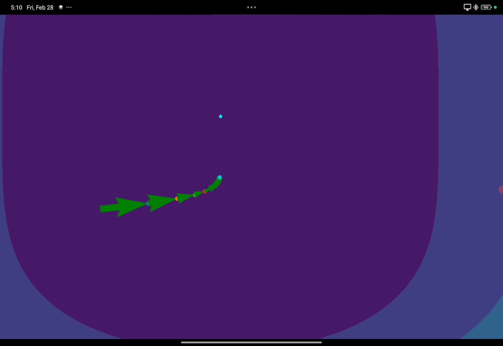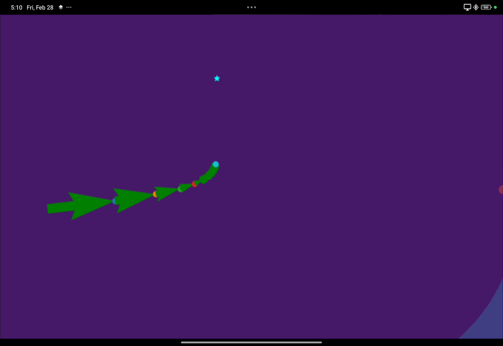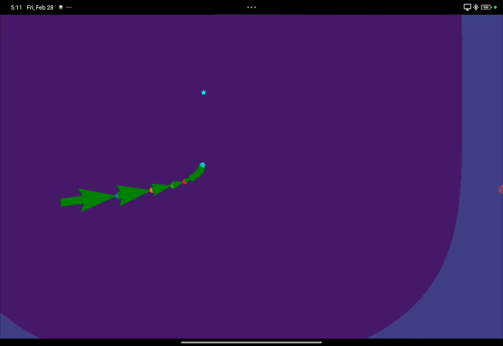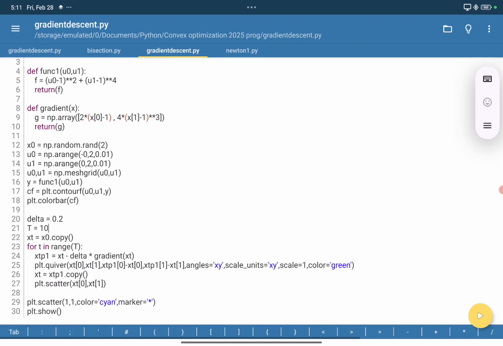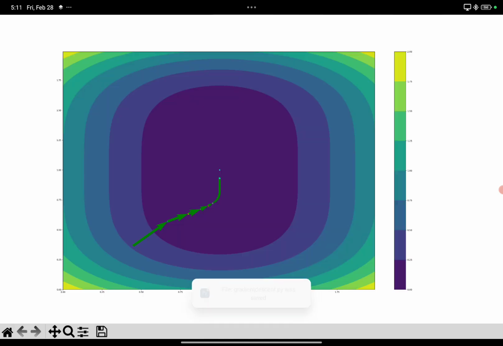Okay, so the actual minimum is that particular point up there, the one marked with a star. The gradient is really small around this because of the x to the 4, and that is why it's really slowing down the whole process of gradient descent. So you need a really large number of steps in order to get to the minimum.